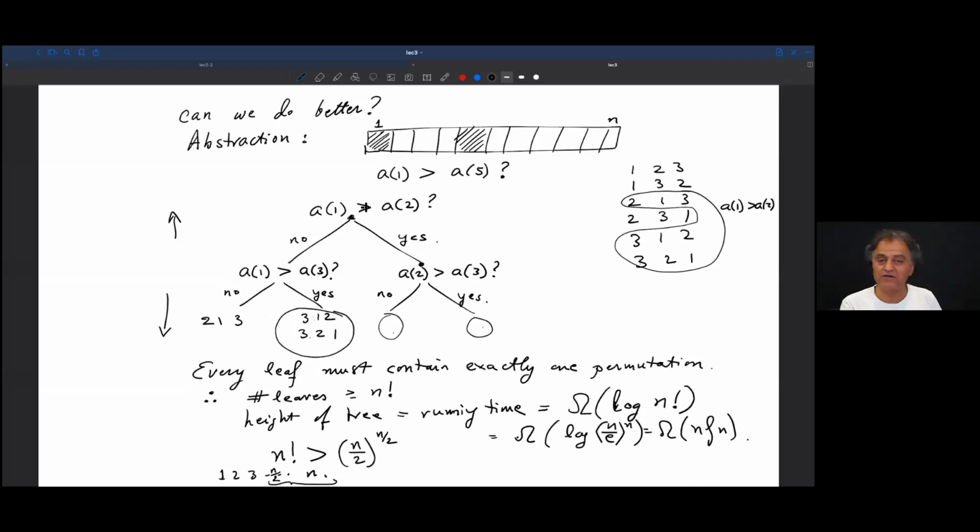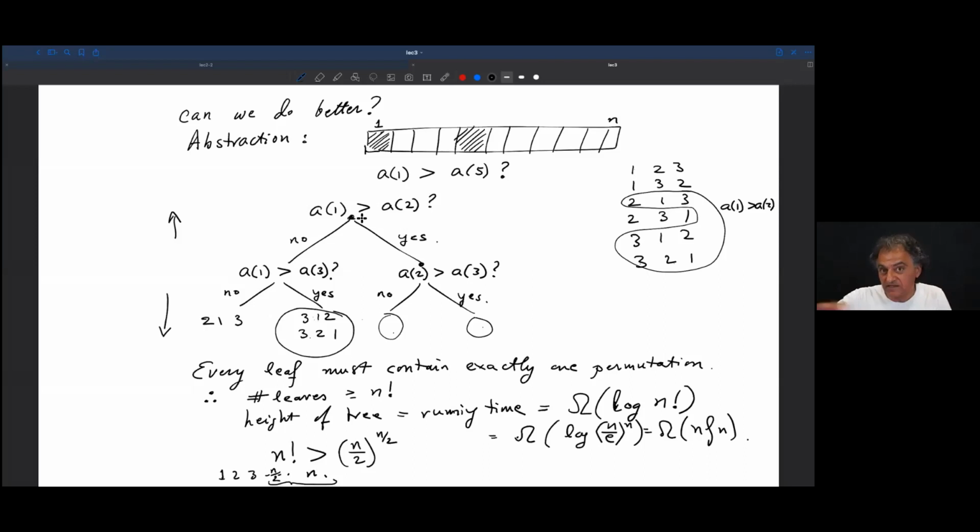Right in the beginning, we ask, is A1 bigger than A2? Depending upon the input, depending upon which array you're trying to sort, you'll either go left or right. Then depending upon which way you went, you ask another question and go either left or right. So that is an execution of this algorithm on a particular input.